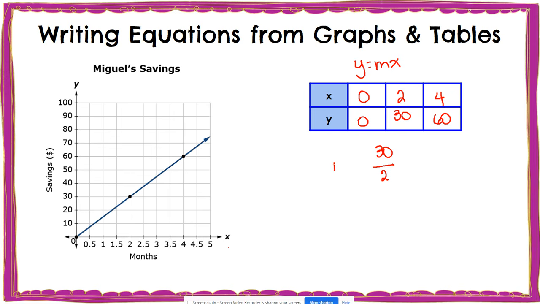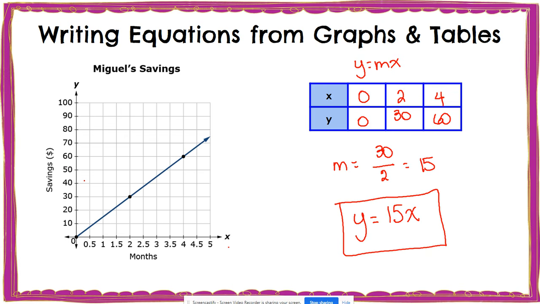So my constant of proportionality, or my slope, is equal to 30 over 2, or 30 divided by 2, which gives me a constant of proportionality of 15. So an equation to represent this graph is y equals my constant of proportionality, which is 15, times x.